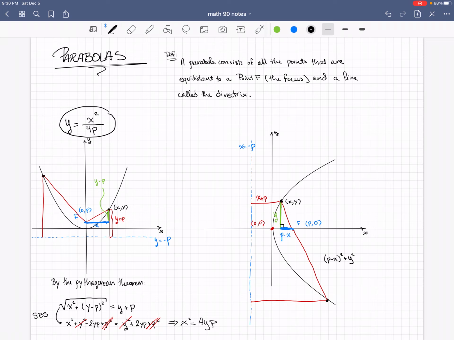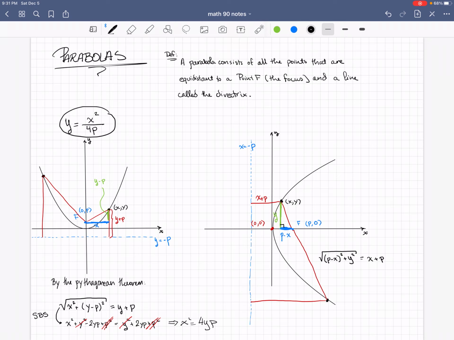But I don't want the red length squared, I want the red length. So that's the square root. I really want you to notice how similar, mechanically and structurally, these two processes are. And we already know that because these two red lengths are the same, the square root of (p minus x) squared plus y squared is the same thing as x plus p.